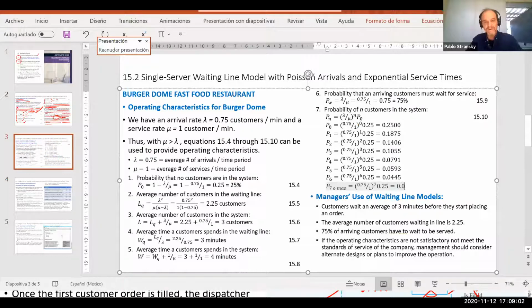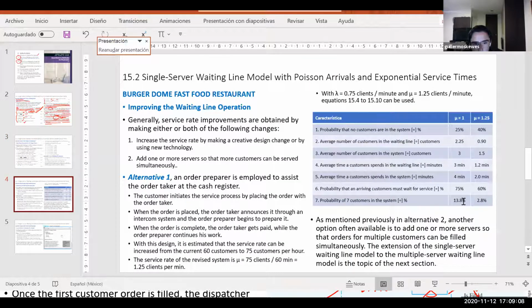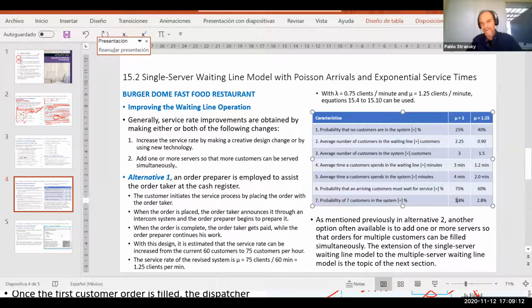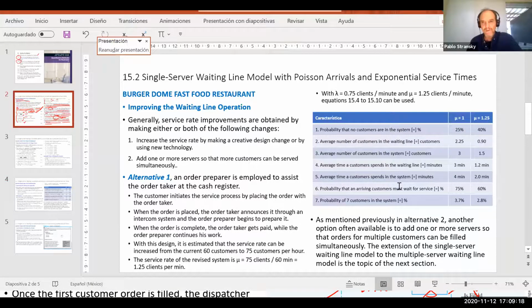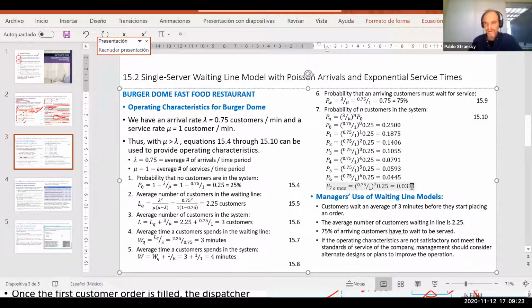Remember 3.31? I have it right here. It's 0.033371. Here it is also, 3371. Yeah, 3371.